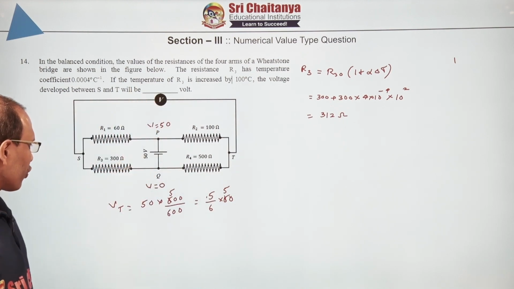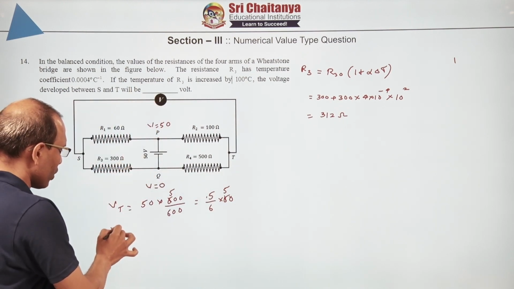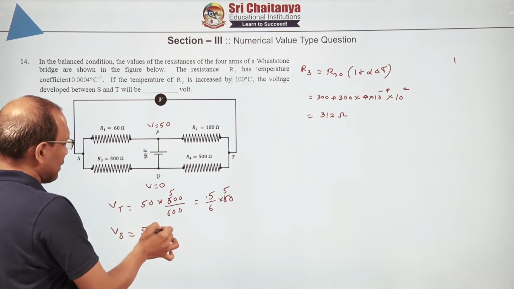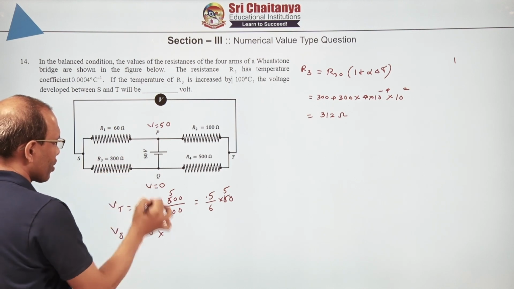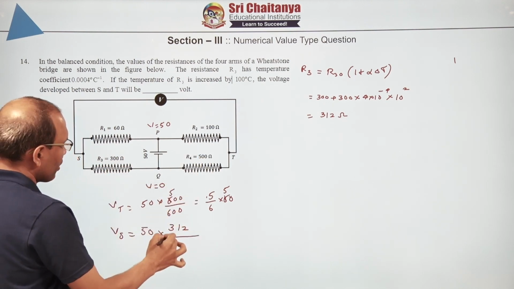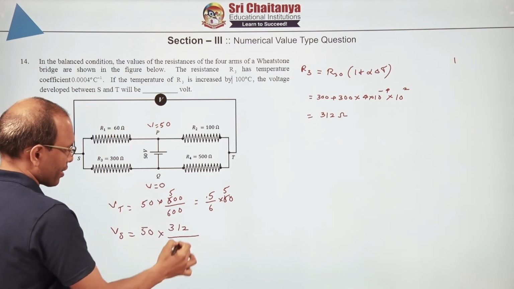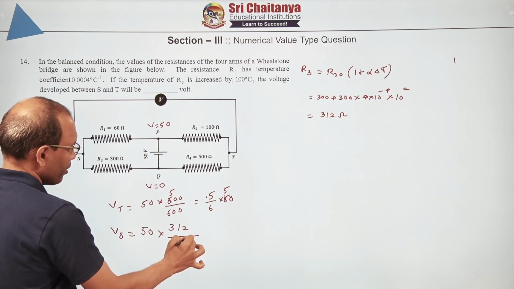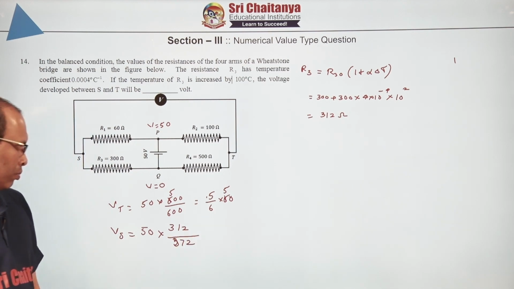Now by the same formula, we get Vs equal to 50 into 312 by 312 plus 60, that is 372.